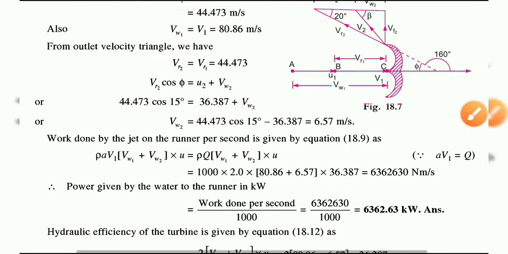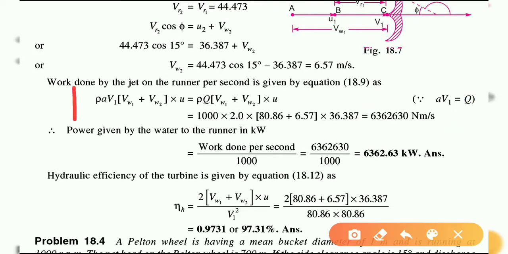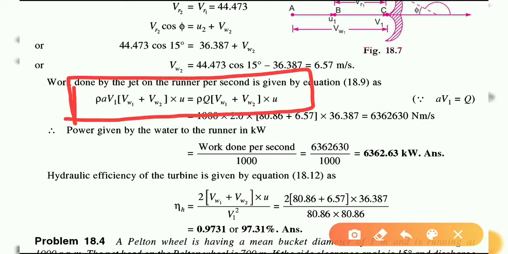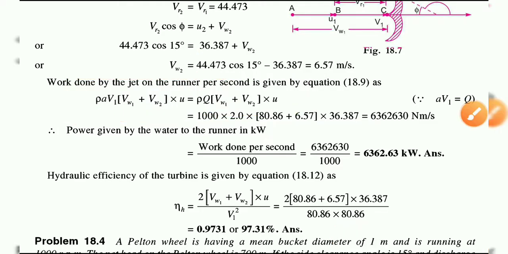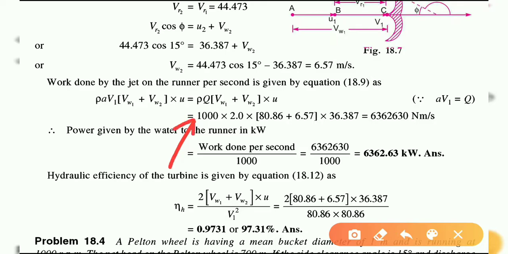So work done is equal to rho A V1 into the bracket Vw1 plus Vw2 bracket complete multiplied by U. This A into V1 is equal to capital Q, which is equal to discharge. So putting all these values, as we know the value of rho, it is the density of the water, Q is the discharge, 2 meter cube per second given in the problem.